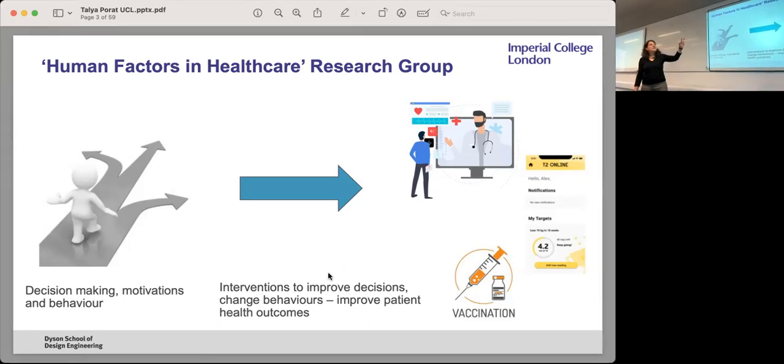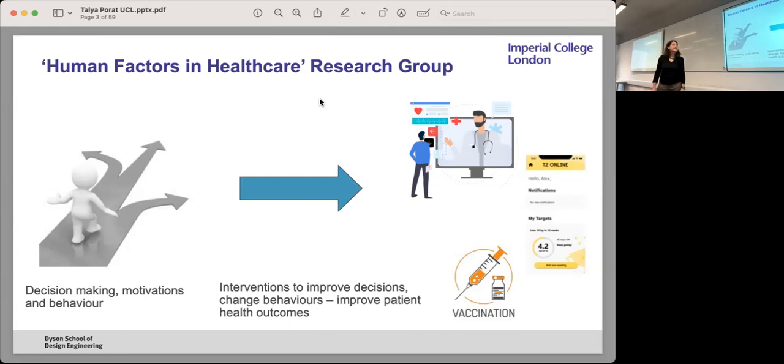We mainly focus on designing decision support and healthcare interventions for healthcare professionals, like diagnostic decision support systems and visualization. How can we visualize data holistically to help healthcare professionals receive a quick view of the patient's state?